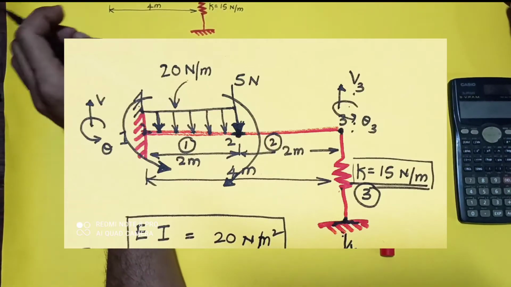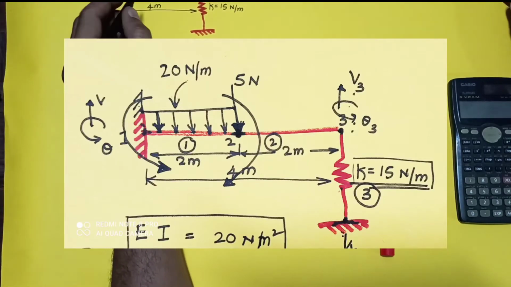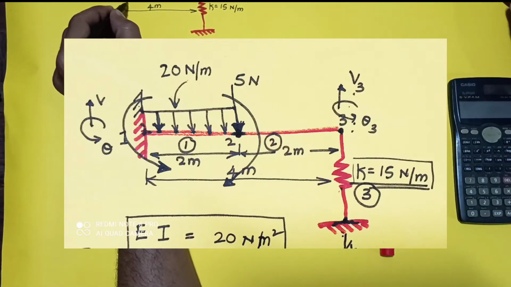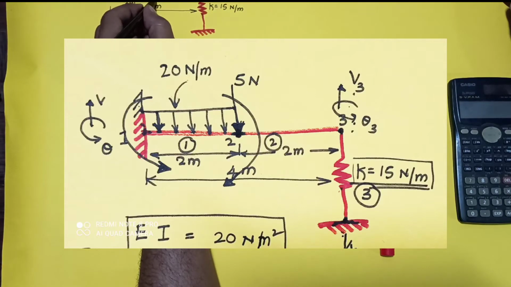So these are the values that will be considered. Now, this is at the mid, so let us take that distance as 2 meter, and this distance again will be 2 meter.